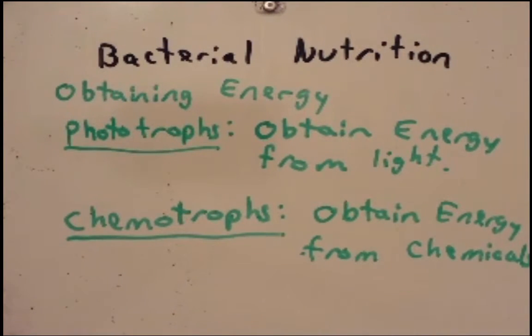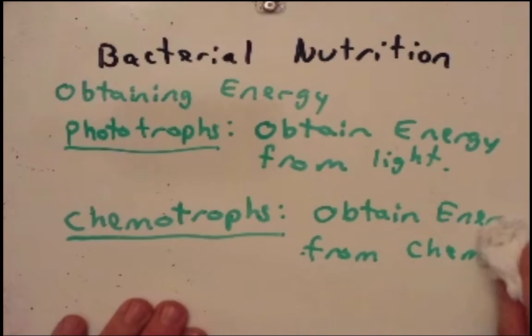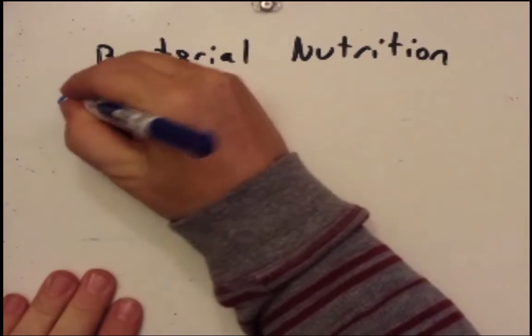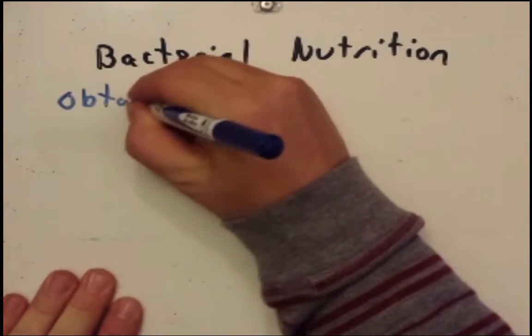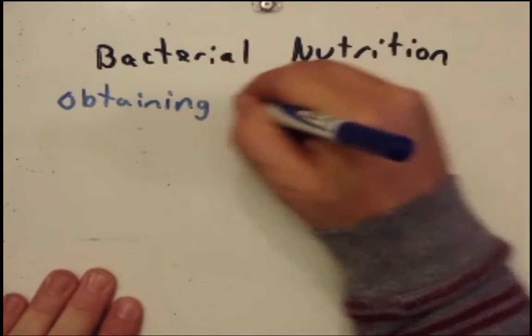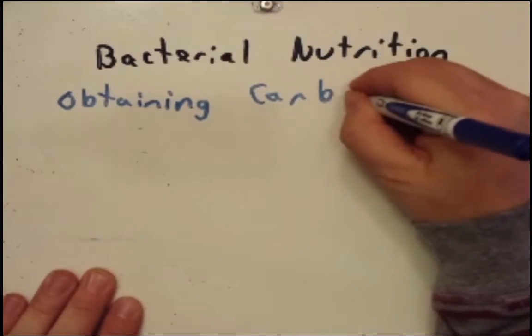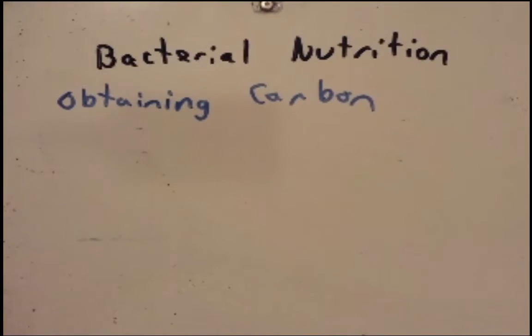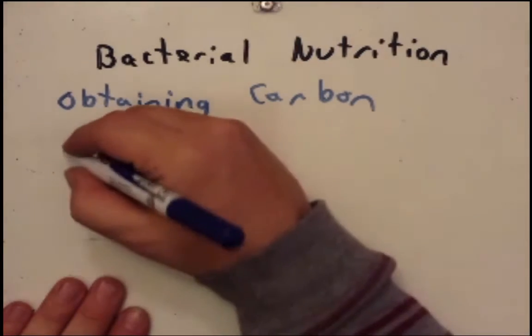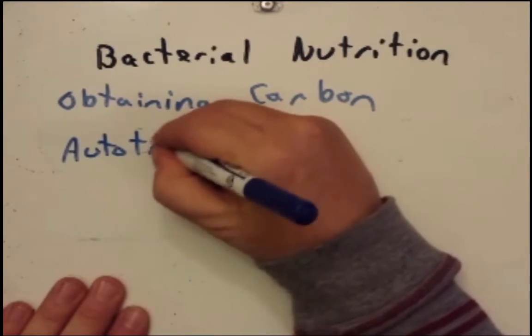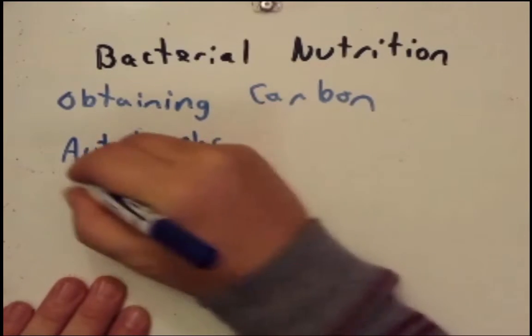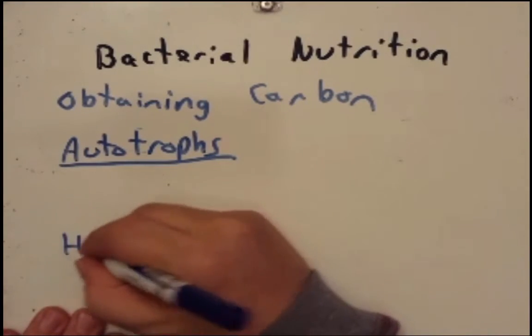So next, let's think about how bacteria obtain carbon. So let's write obtaining carbon here. And this area of nutrition we can break down into two different categories: autotrophs and heterotrophs.